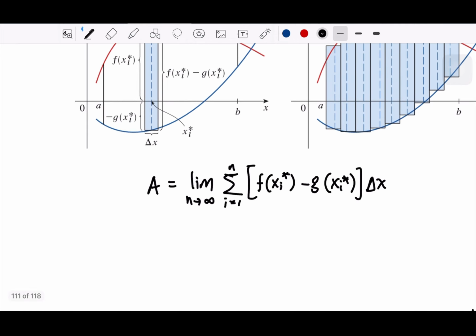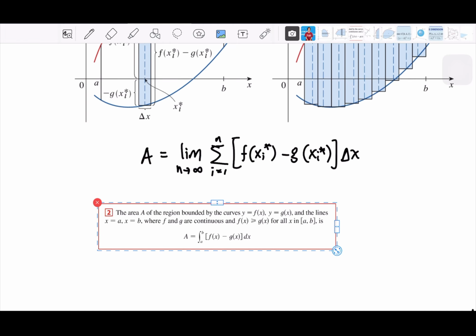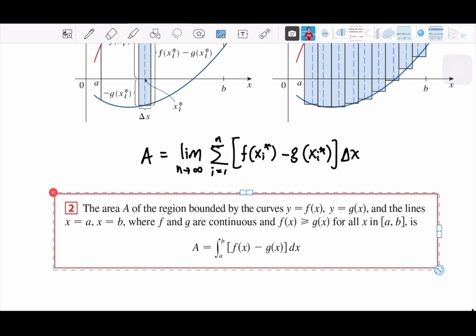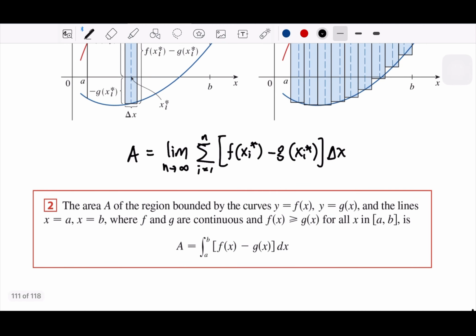And then we could describe the definition in terms of the integral. So first, the area is bounded by the two curves, f and g, and also the lines x equals a and x equals b, which will be the left side and the right side of the region.